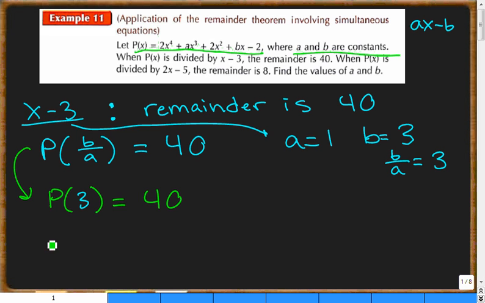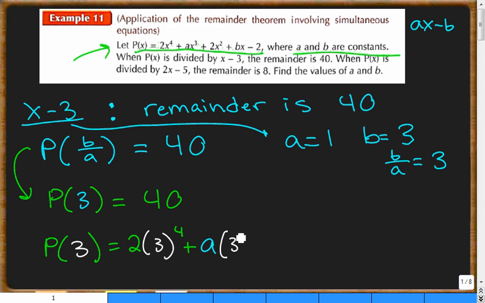So for p of 3, based off of our function up here, we're going to have 2 times 3 to the fourth, plus our unknown a times 3 cubed, plus 2 times 3 squared, plus another unknown b times x, which is, again, 3, minus 2.